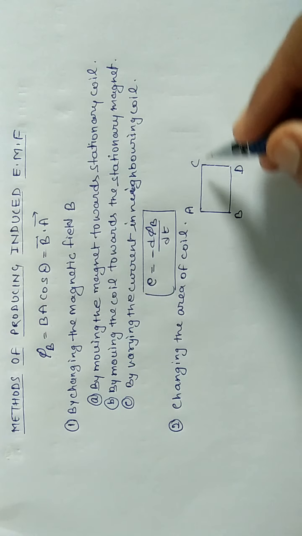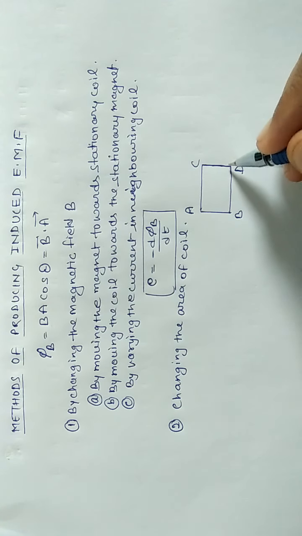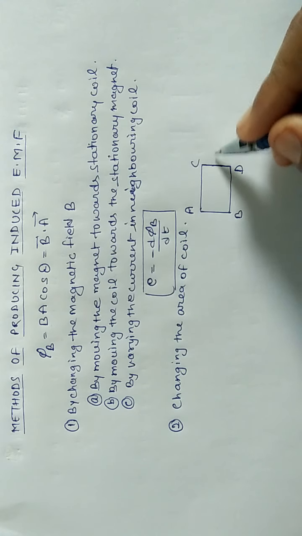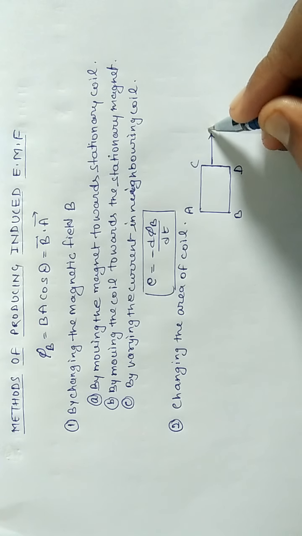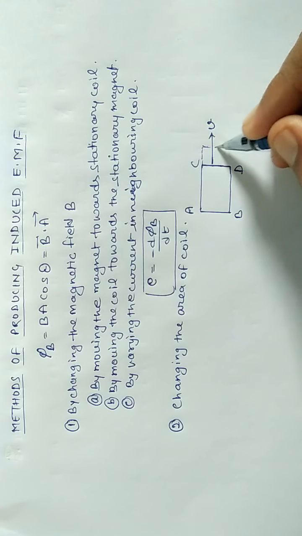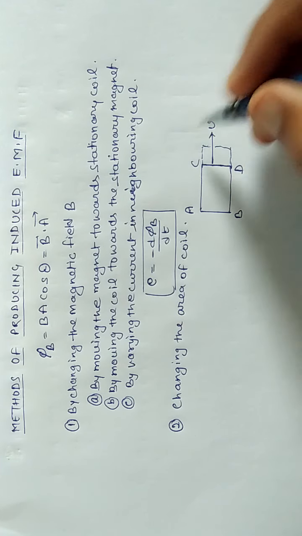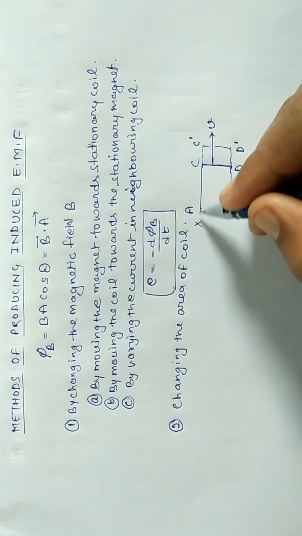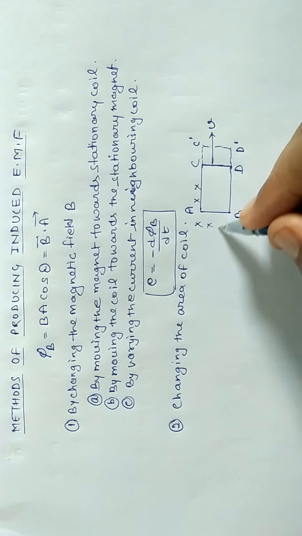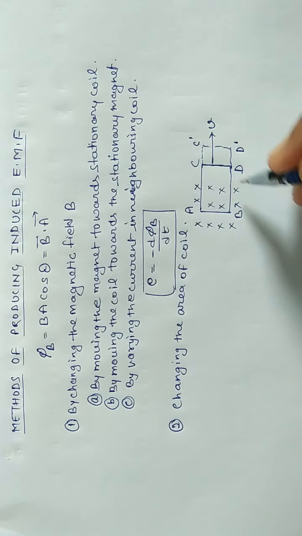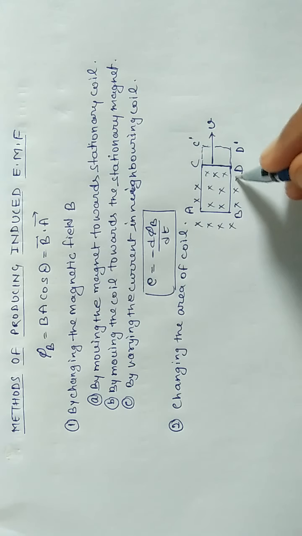In this, the CD arm can be moved without any loss of energy due to friction. Now suppose this CD moves with velocity v and comes into its new position C dash D dash, and here the magnetic field is directed inward, perpendicular to the plane of paper.